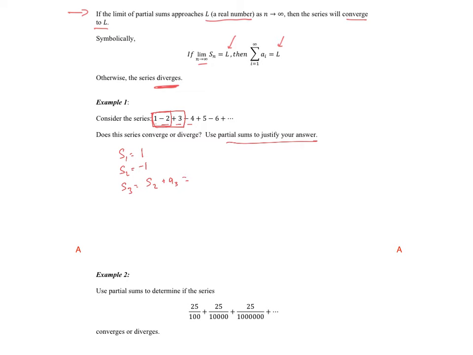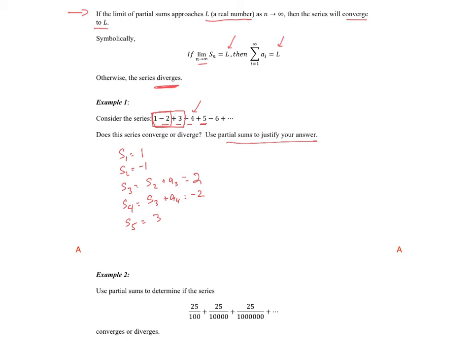So negative 1 plus 3 is positive 2. Then S sub 4 would be the sum I just had plus my fourth term, which is negative 4, so now I'm down to negative 2. And then for my S sub 5, I'm going to add on 5, so now I'm back to 3.